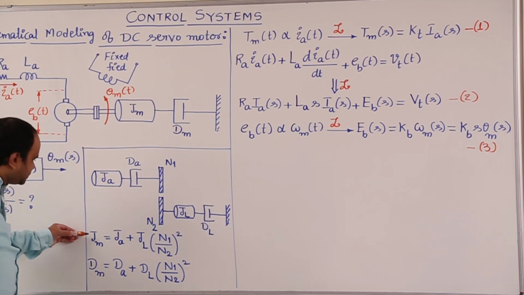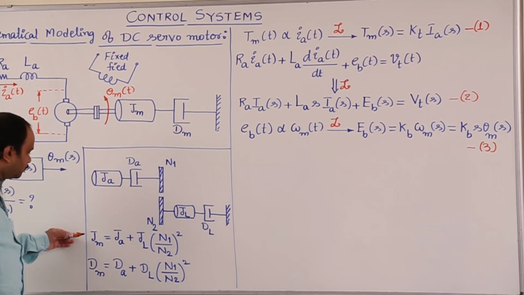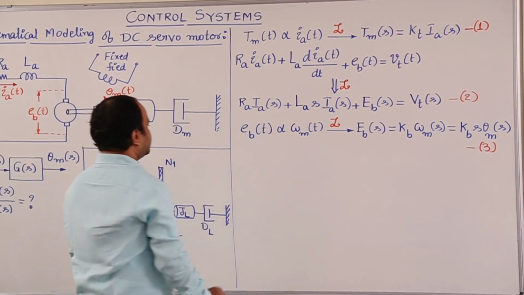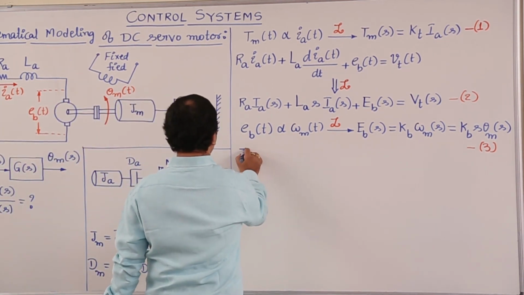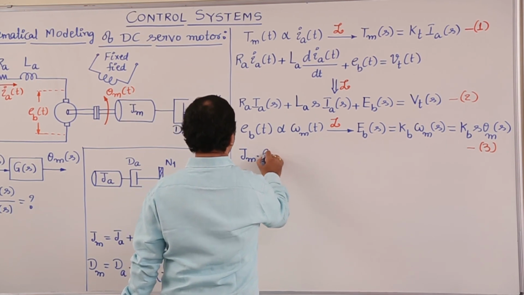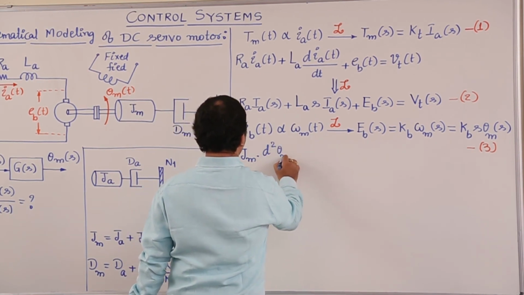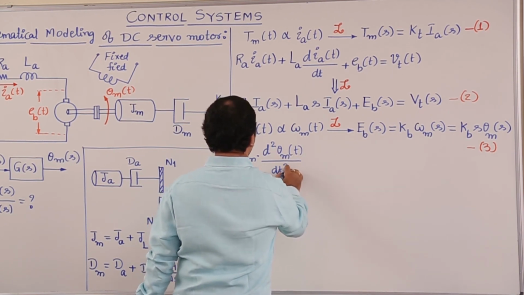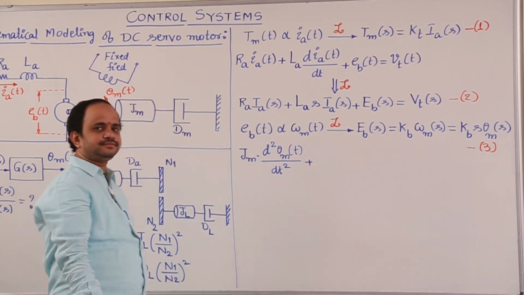Now by using this Jm and Dm, we can write the torque equation. How is it?